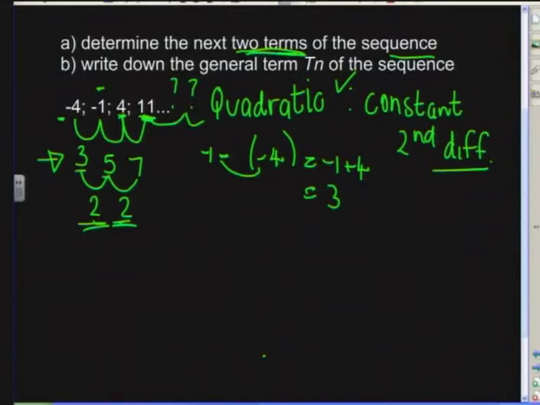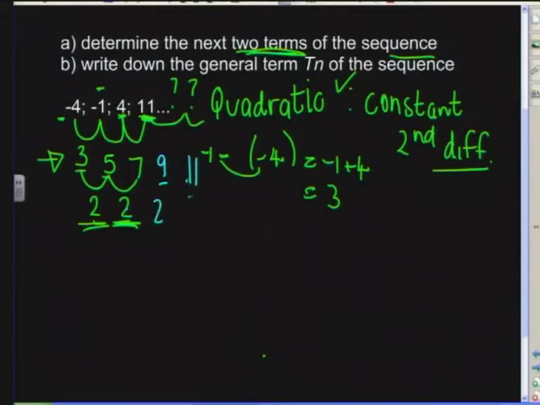Well, we can say we know that there's a constant second difference of 2. So the next term in the first difference must be 9. How did I get that? Well, 7 plus 2 gives me 9. And then the next term in the first difference must be 9 plus 2, which is 11.